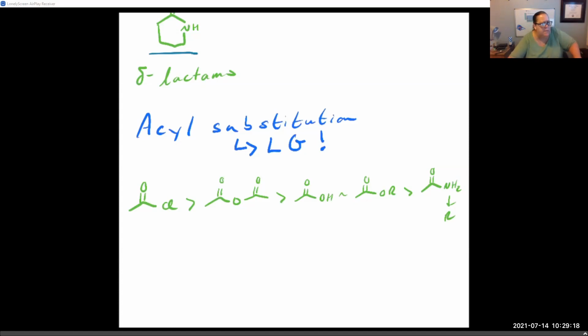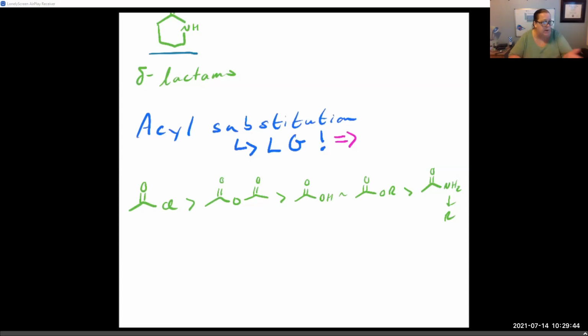Now we talk about leaving group ability. What makes something a good leaving group? If you had to sum up a good leaving group in one phrase that would encapsulate all leaving groups, what about its basicity? You're right, but what about it? It needs to be what type of a base?